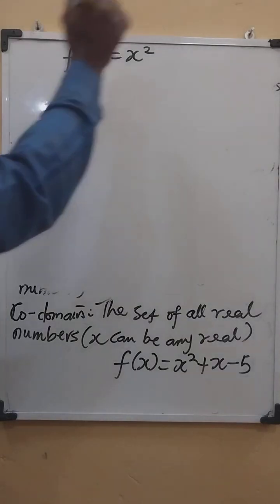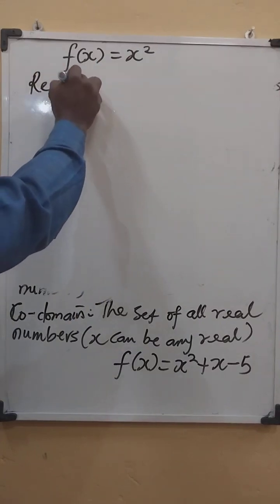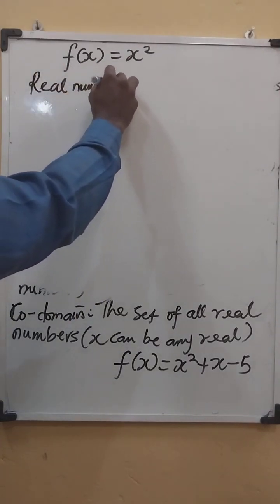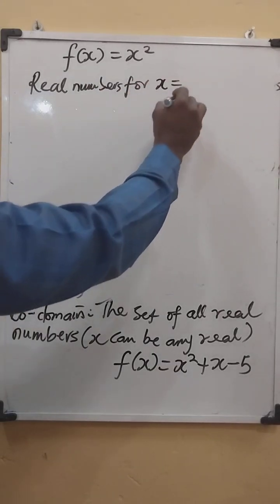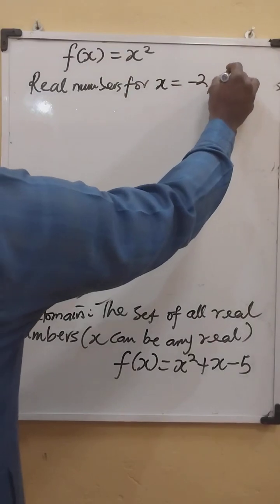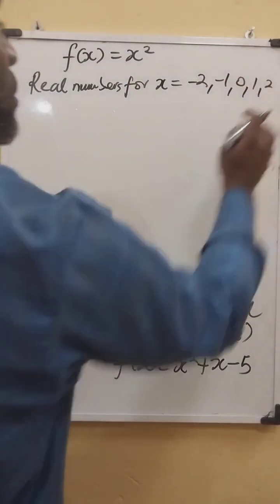So let us call out some real numbers now. Real numbers for x is equal to, let me start from -2, -1, 0, 1, 2. So these are real numbers.